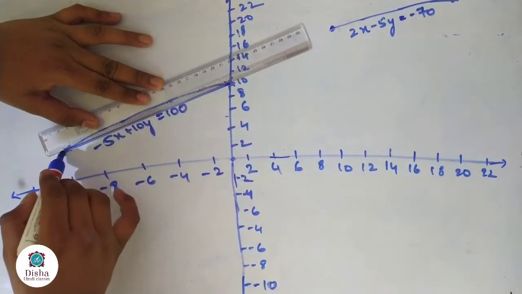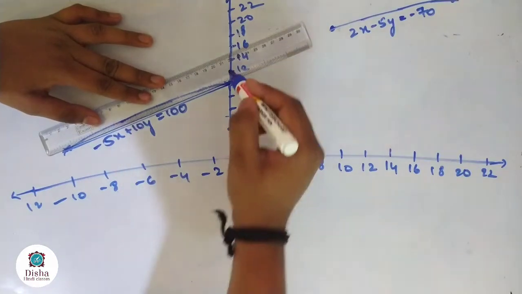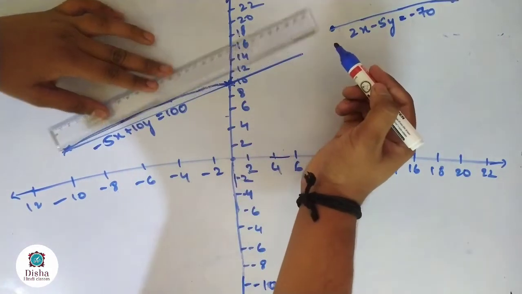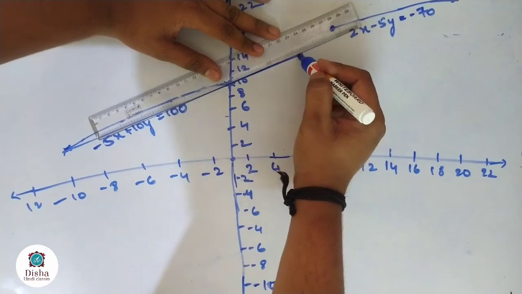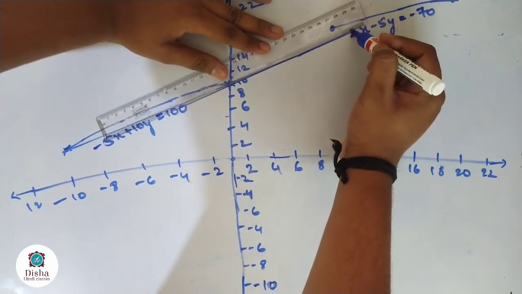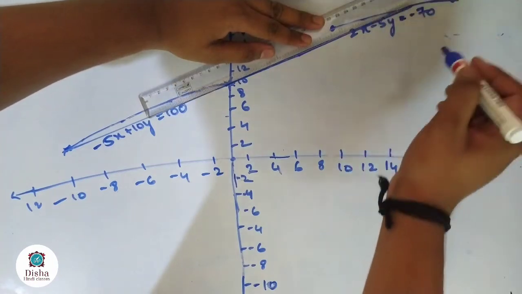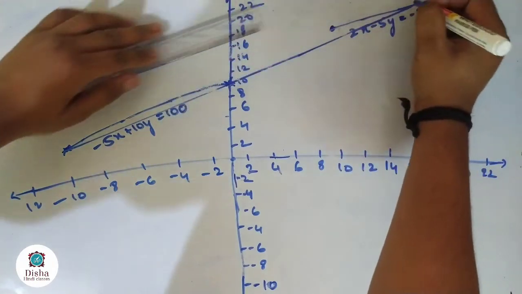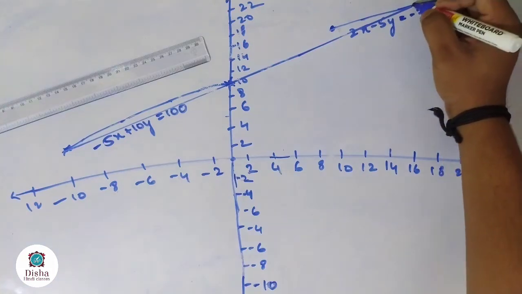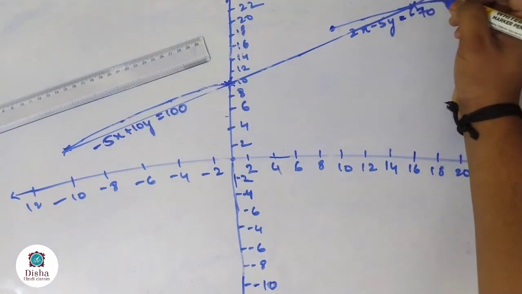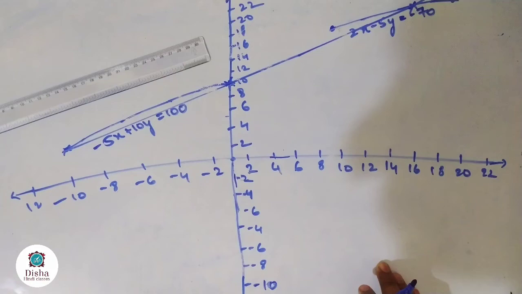So the actual line is this one. It will go up to here, then again it will cross. So they are intersecting at this point, nearly 40 comma 30, or they are intersecting a bit above that.